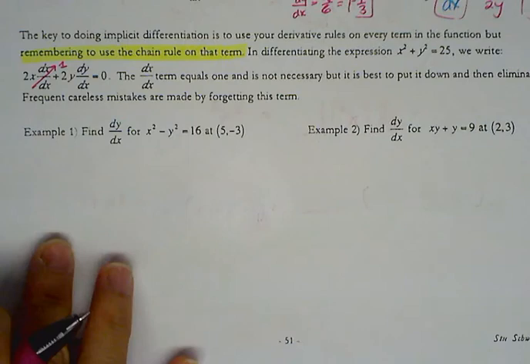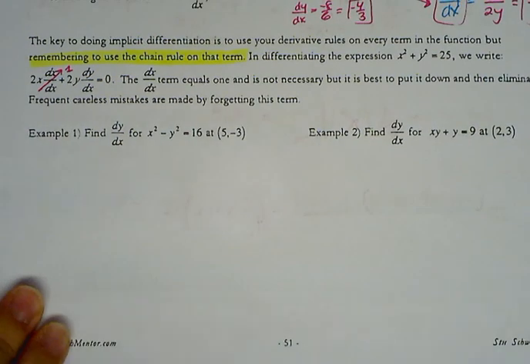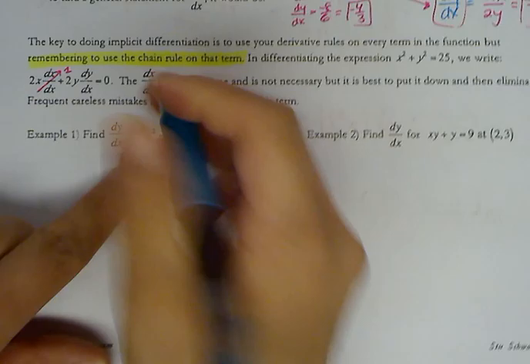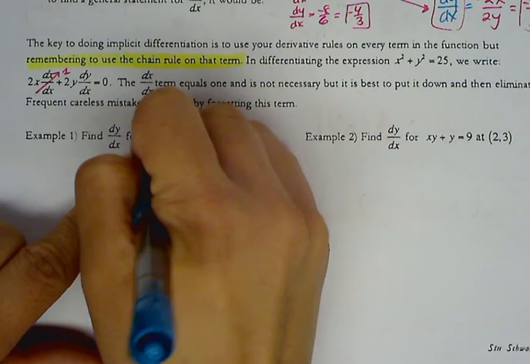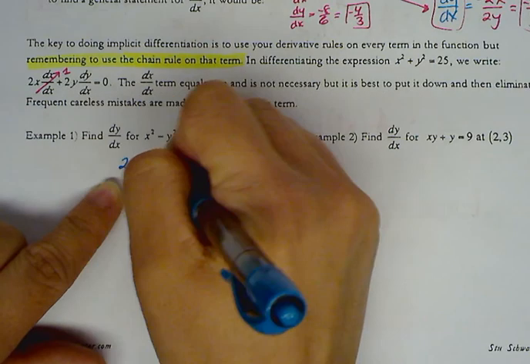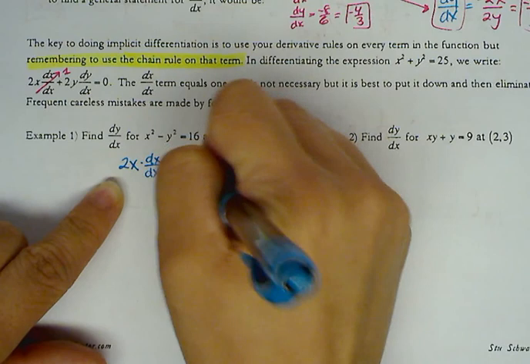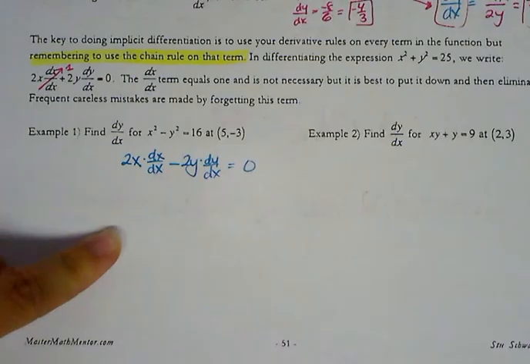We have like 6 minutes. Okay, so look. How do I differentiate this guy? 2x times dx/dx minus 2y times dy/dx equals 0. Then you plug in the points.